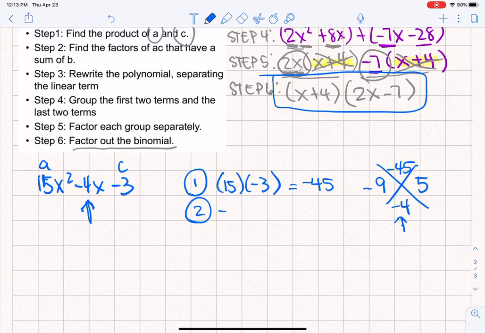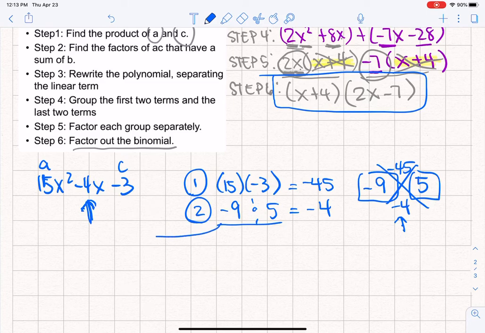So now I have negative 4 and 5, oh, sorry, I wrote that wrong. It's these two guys. So it's negative 9 and 5 that give me that negative 4 that I need right here. So I'm going to put these two guys in here.